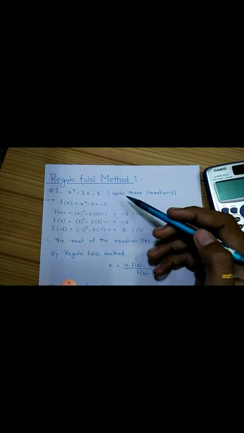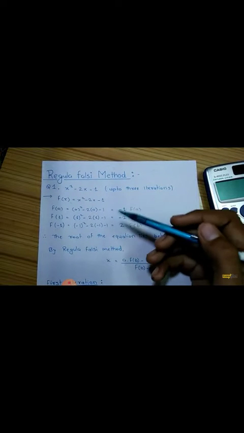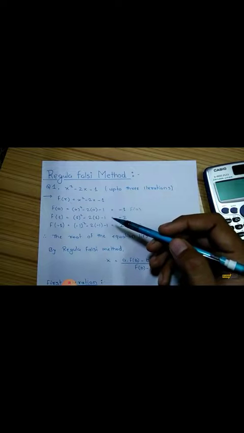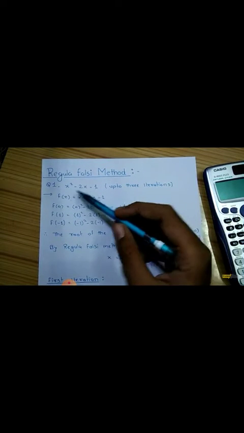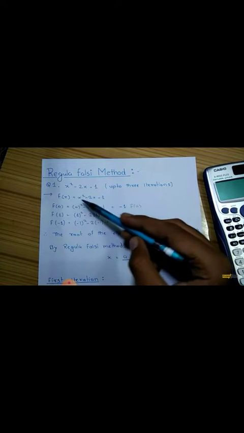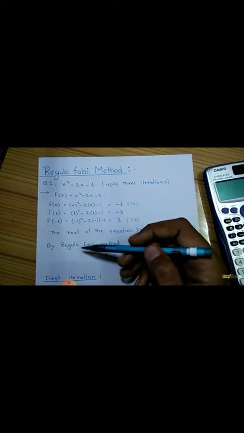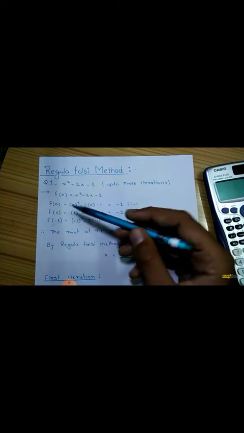In this problem, first of all, we write the equation f(x) is equal to x square minus 2x minus 1. Now our objective is to find the interval in which the root lies.